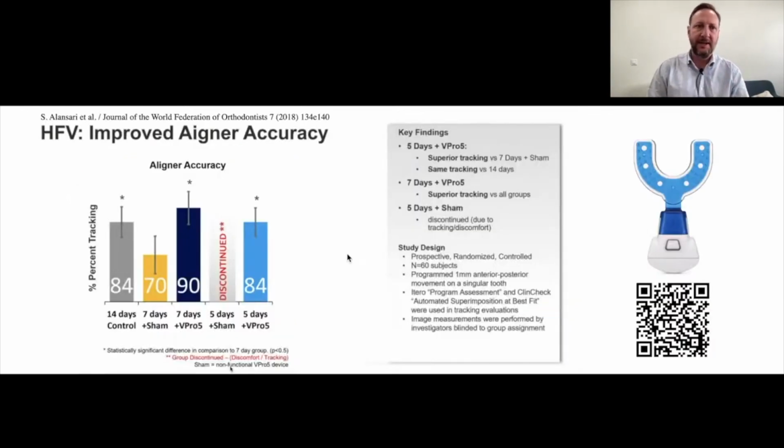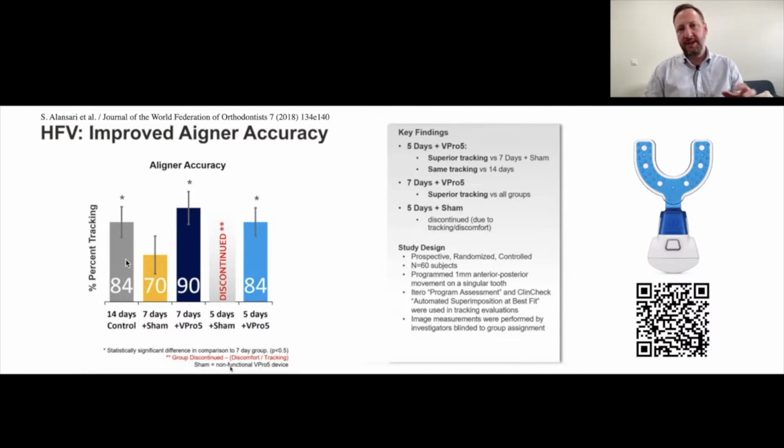So considering that we made a correct plan in the software, we planned our movements, the staging, the attachments, all the movements we need to accomplish the final outcome, changing in 5 days, in this right column in blue, we are going to have the same proportion of predictability compared to changing aligners every 14 days.